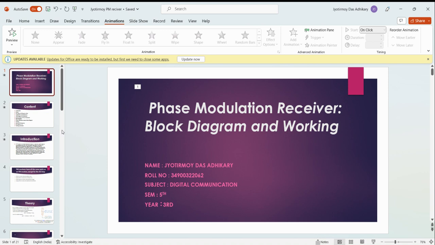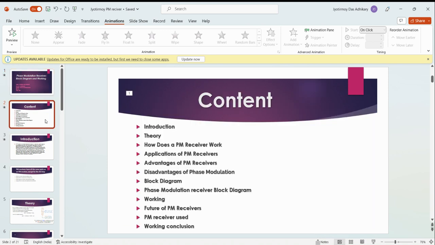So let's talk a little about what I will teach today. Content. What we will teach today about phase modulation is its working principle, block diagram, and how to use it. First, introduction and theory.